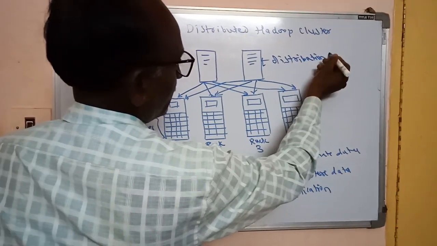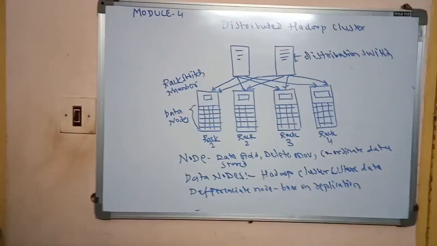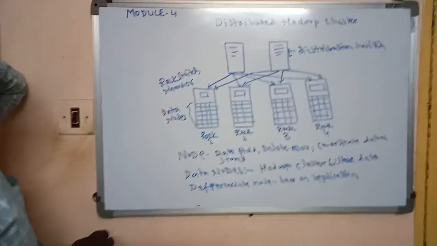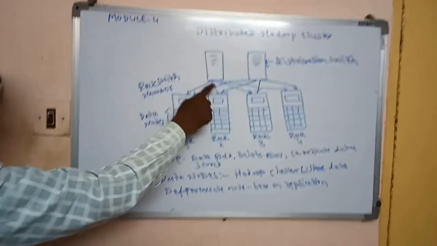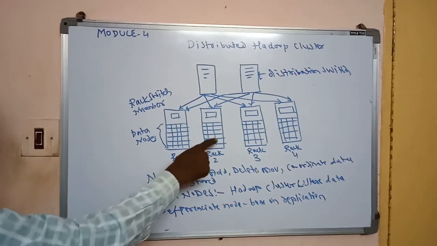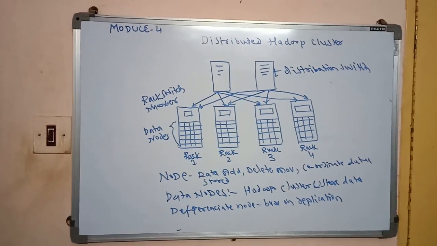Distribution switch. These two are important switches. Observe this Hadoop tool cluster. These two are the distributed switches. These two are connected to different racks of information: rack 1, rack 2, rack 3, rack 4, and so on. You can connect a number of racks.